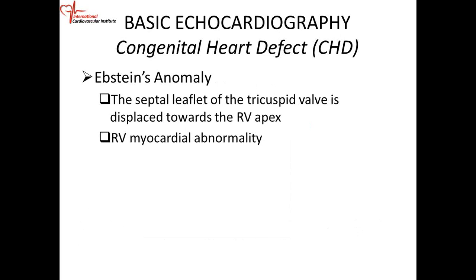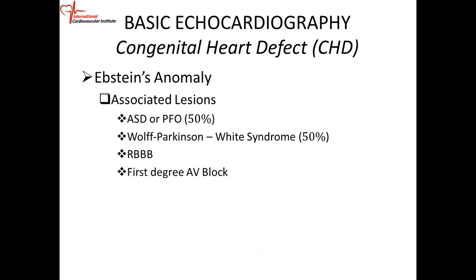And not only that, the right ventricular myocardium is usually abnormal. Ebstein anomaly is very classic, and you should be able to make the diagnosis. Again, the septal leaflet of the tricuspid valve is displaced towards the RV apex, and these patients will have a significant amount of tricuspid regurgitation.